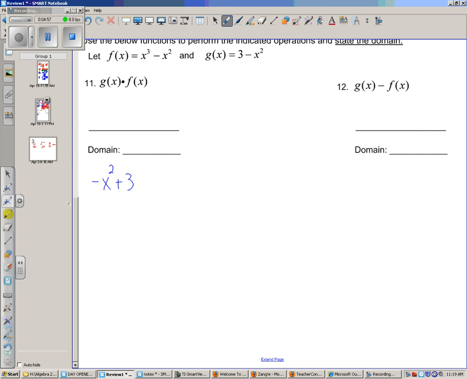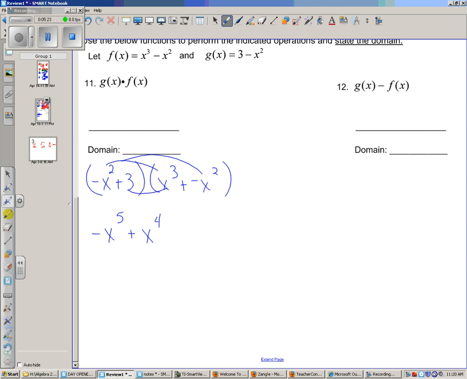Here's g of x rewritten, and f of x, and I've added the opposite already as I wrote it down, and I'm going to distribute. So the negative x squared is going to go to both things. And remember, since I'm multiplying, I'm going to add the exponents. So negative x squared and x cubed is negative x to the fifth. Negative x squared and negative x squared is a positive x to the fourth. And now the 3 is going to go through.